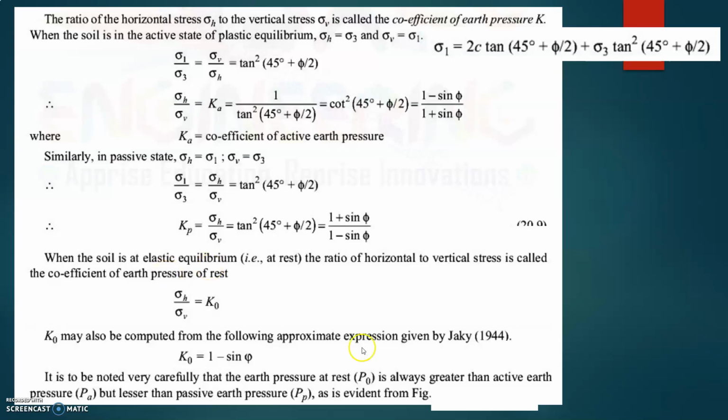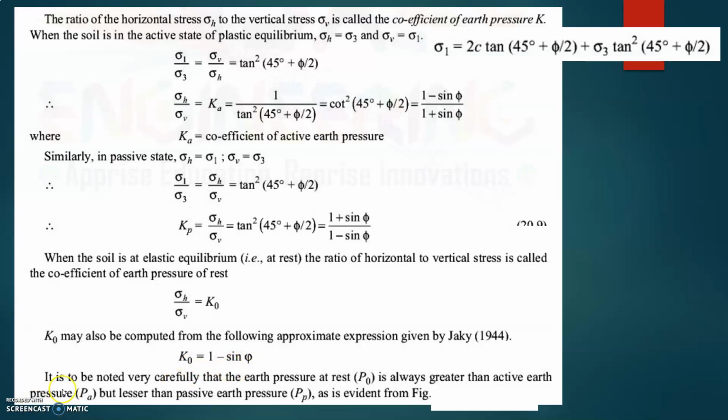The ratio of horizontal to vertical stress is called the coefficient of earth pressure at rest. So sigma h divided by sigma v is equal to K naught. It is represented by K naught. K naught may also be computed from the following approximate expression: K naught is equal to 1 minus sin phi.